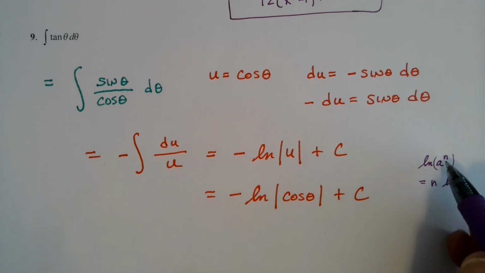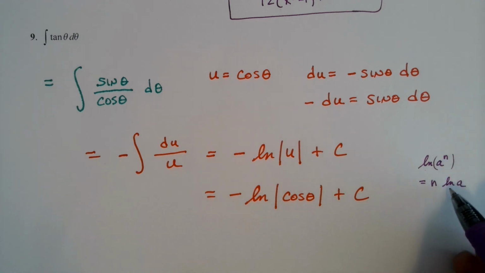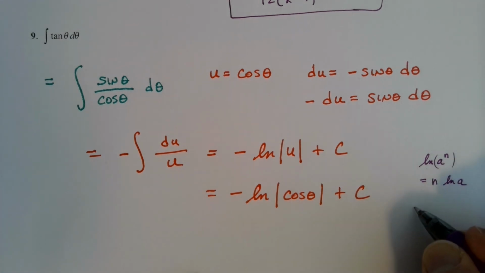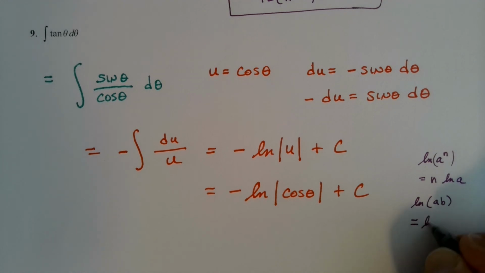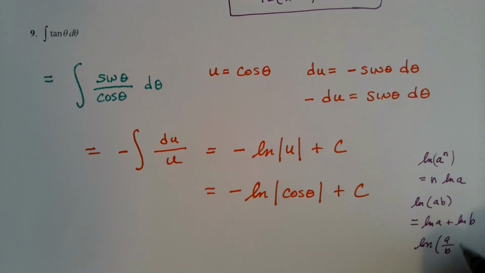So that's where this comes from. Some other ones you might be familiar with: a product. When we're multiplying like bases to different powers, what do we do with their exponents? We add them. And if we divide, we subtract the exponents. Again, the logarithms are indeed the exponents.